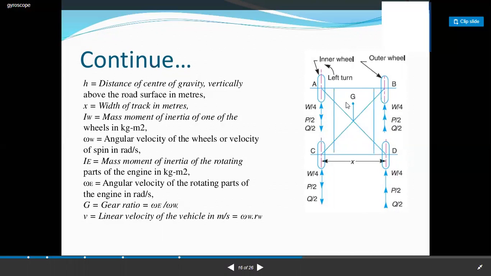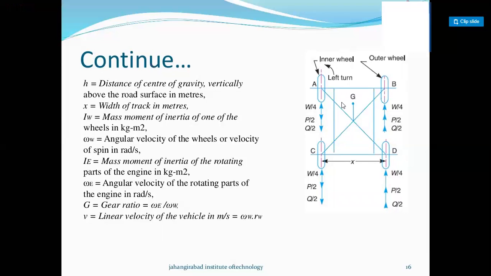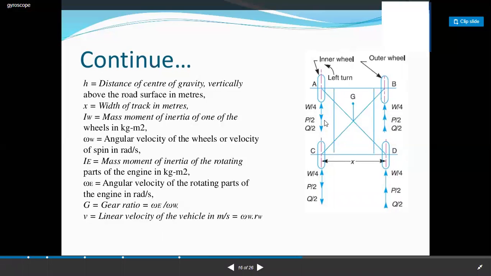Due to the reactive gyroscopic couple, a vertical reaction on the road surface will be produced. The reaction will be vertically upward on the outer wheels and vertically downward on the inner wheels, which is shown as P by 2 and Q by 2 in the downward direction for the inner wheels, A and C, and P by 2 and Q by 2 in the upward direction for the outer wheels.